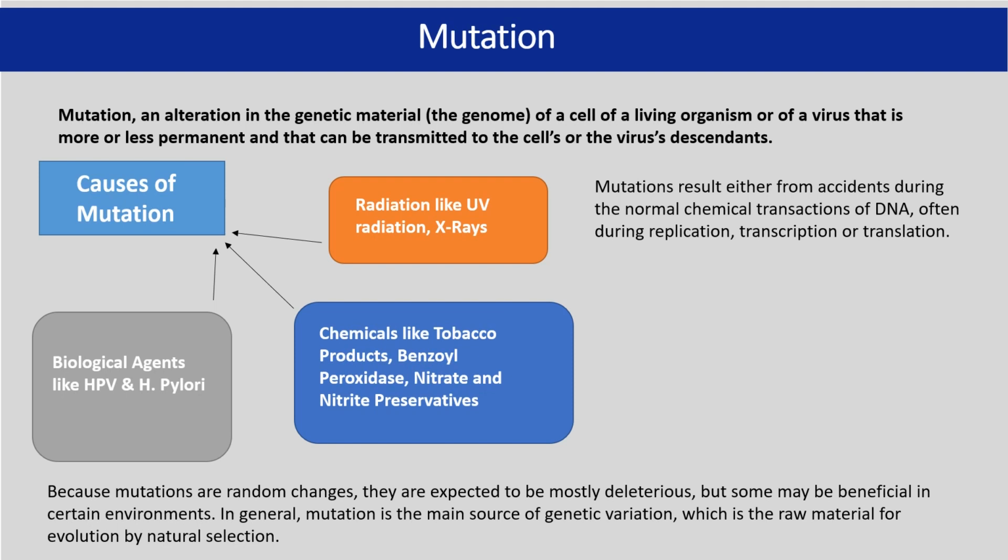Because mutations are very random changes, they are expected to be mostly deleterious, but some may be beneficial in certain environments. Like certain bacteria gain resistance to certain antibiotics just because of a mutation. Mutation is the main source of genetic variation, which is the raw material for evolution and for natural selection.